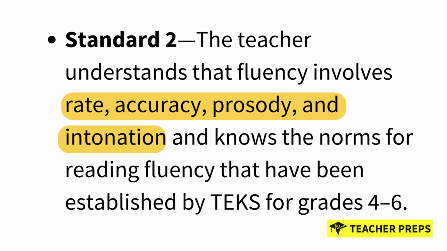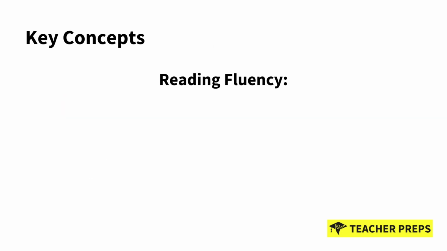The second standard in competency number 3 states that the teacher understands that fluency involves rate, accuracy, and prosody, which remember is intonation, and knows the norms for reading fluency that have been established by the TExES Essential Knowledge and Skills for grades 4 through 6. Let's cover this now.